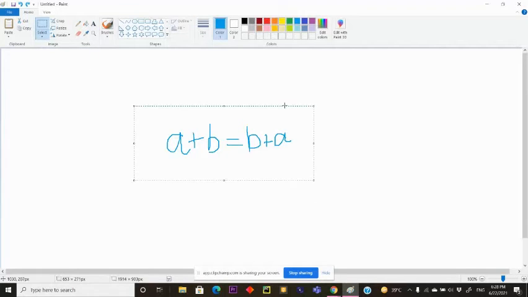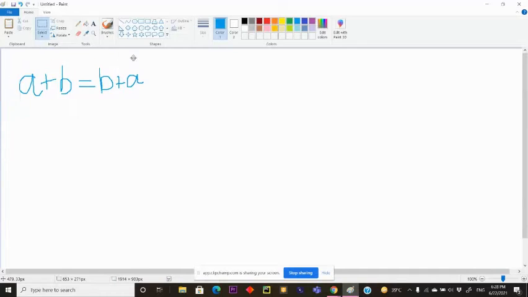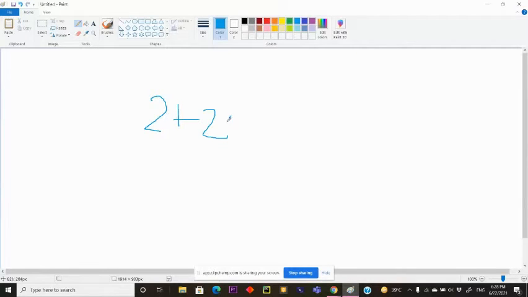Let's just select it. We're going to move it over there. Done. This is the first one. Now, what about multiplication? So first, let's say addition. 2 plus 26 is exactly the same as 26 plus 2. And both the answers are, by the way, 28. So it is the same.